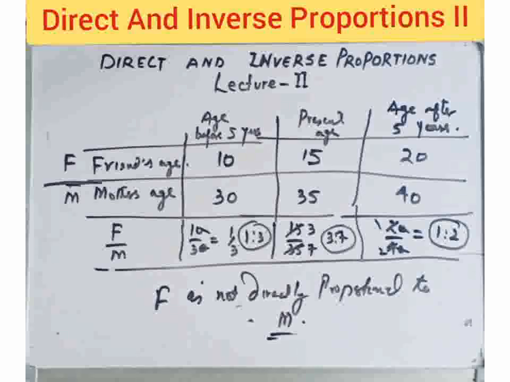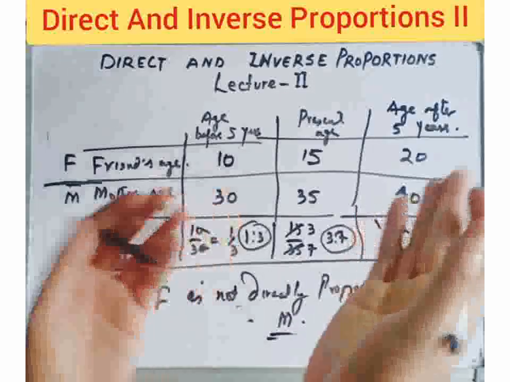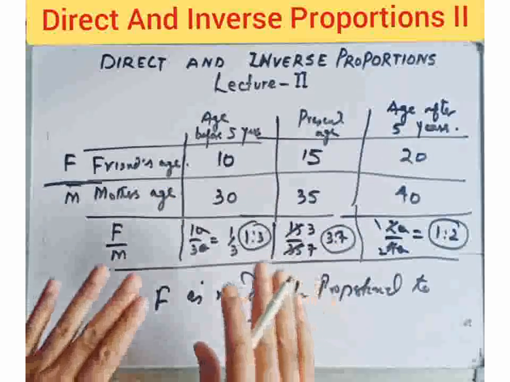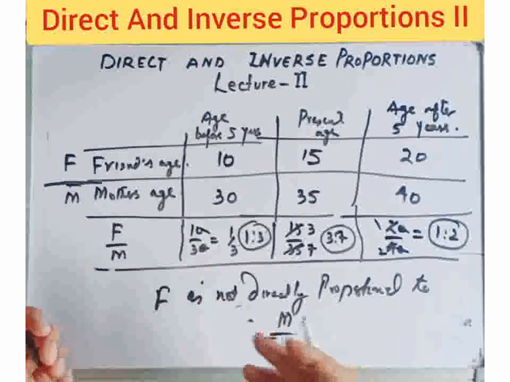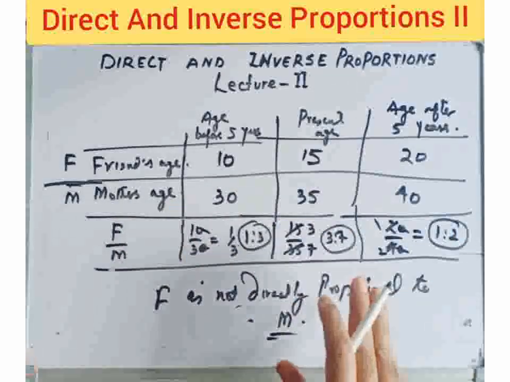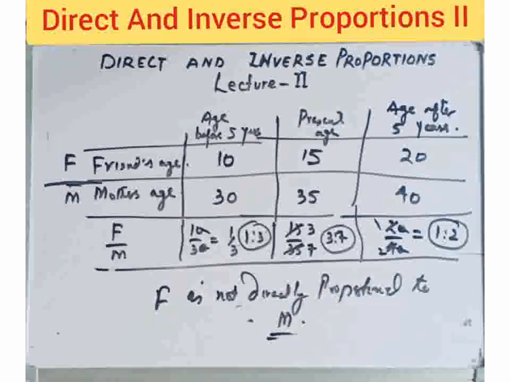Now you can repeat this activity with other friends and write down your observations. One thing is clear, that variables increasing or for that matter decreasing together need not always be in direct proportion, as in this case.